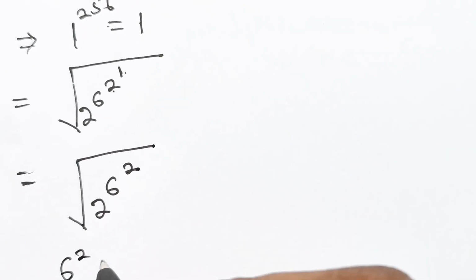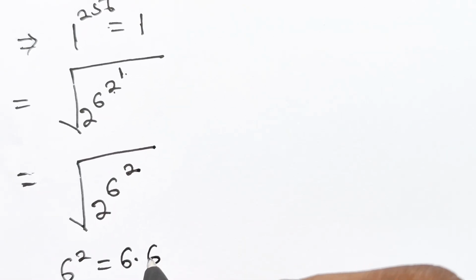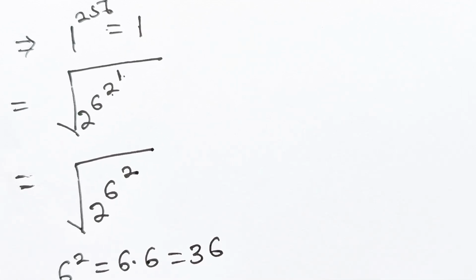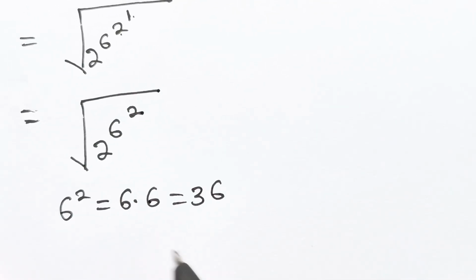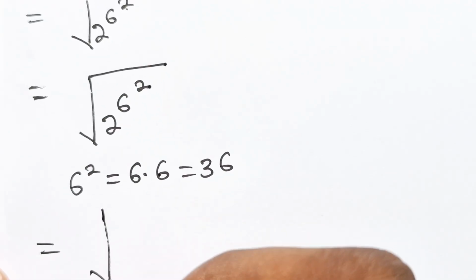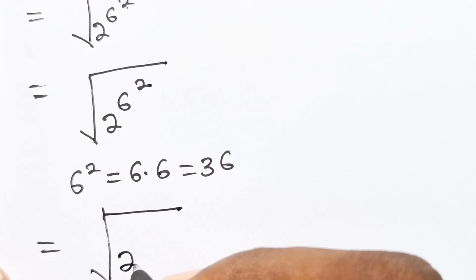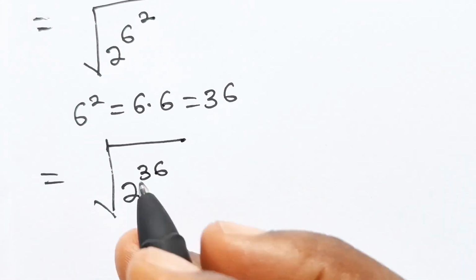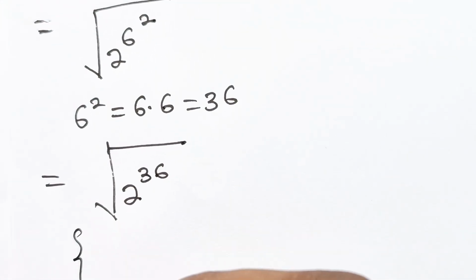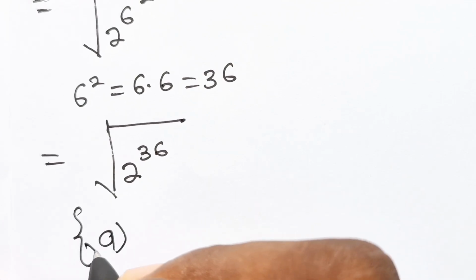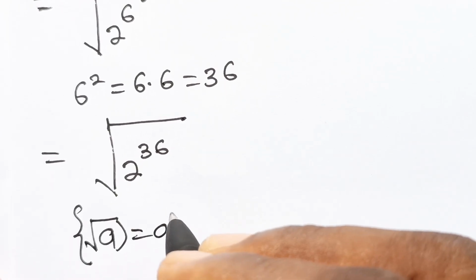Now 6 to the power of 2 is 6 multiplied by 6, which is equal to 36. So our equation now becomes the square root of 2 to the power of 36. Remember that the square root of a is equal to a to the power of half.